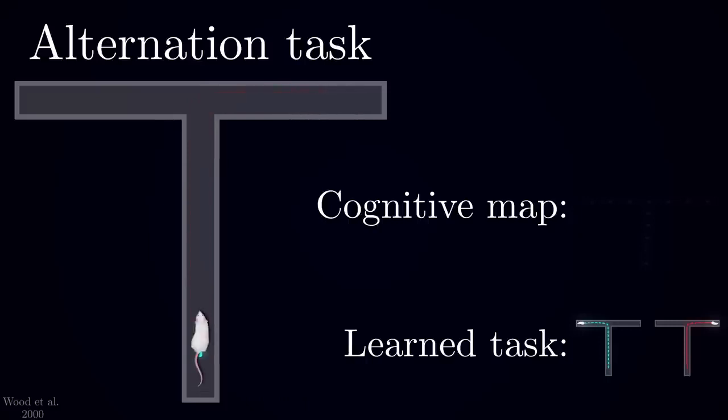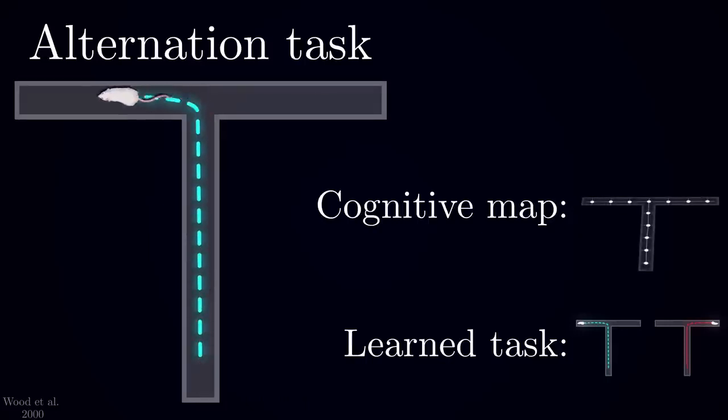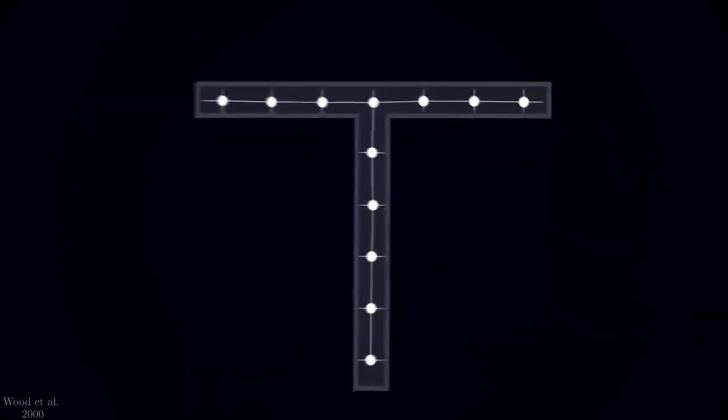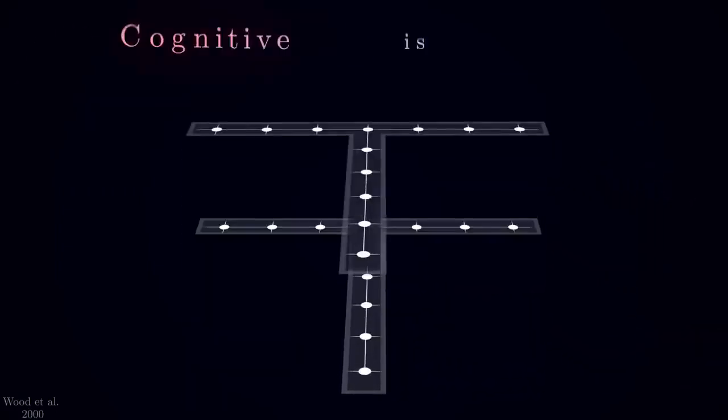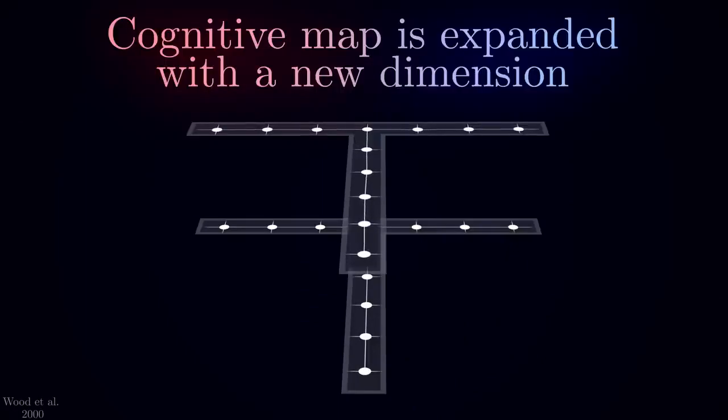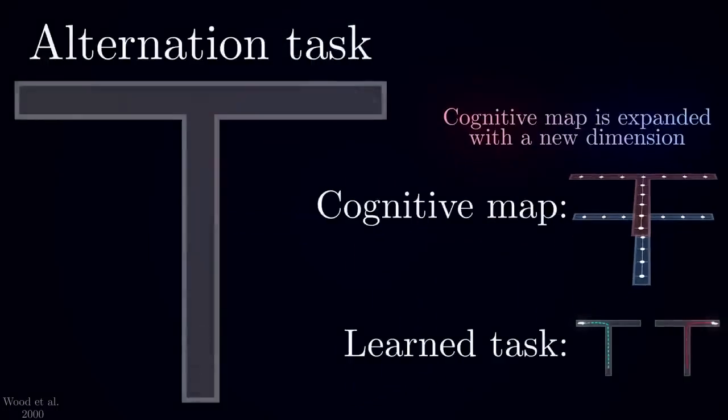When this happens, the cognitive map is expanded with a new dimension. And the mental representation of the T-maze kind of splits into two cloned versions of it, one for turn left trials and another one for right turns.